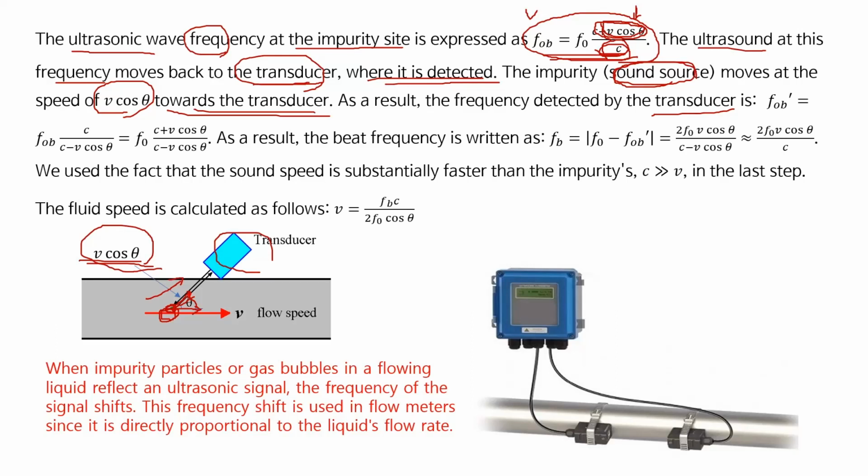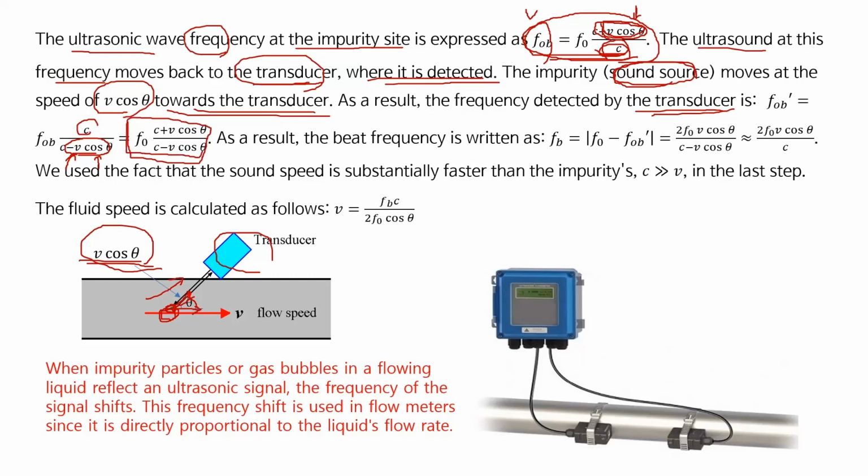So in this case, a source is moving toward the observer, so we have to subtract the speed in the numerator, right? Okay, so we put this f of b here, then we obtain this frequency.